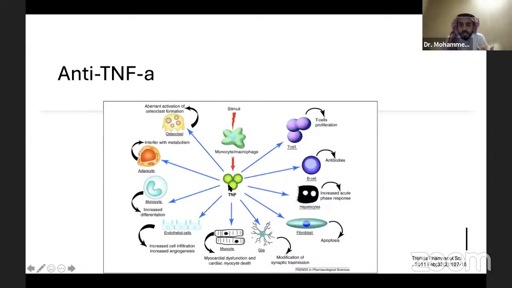You also increase IgA production by B cells in the blood and the mucosal surface. You increase fibroblast killing, fibrosis, and a lot of inflammation. Endothelial cells will produce a lot of leaking and help leukocytes come to the tissue easily. So it's a powerful cytokine that increases inflammation nonspecifically.